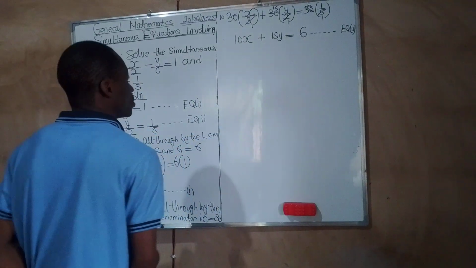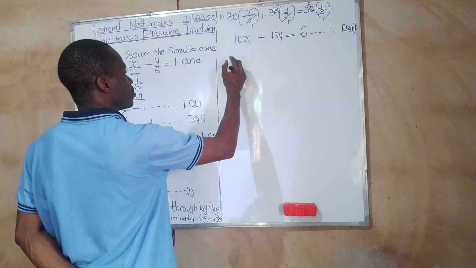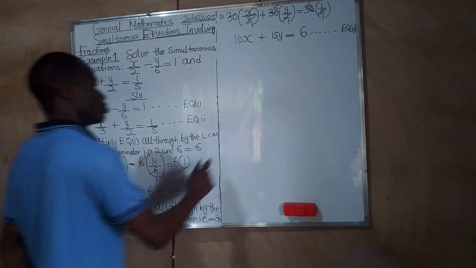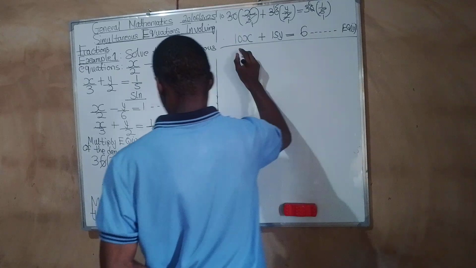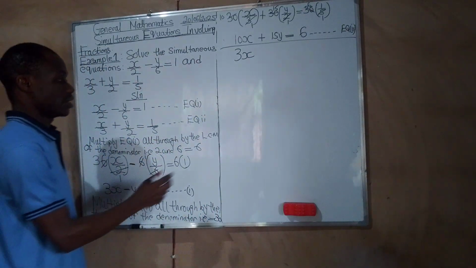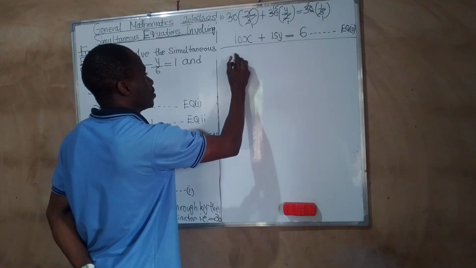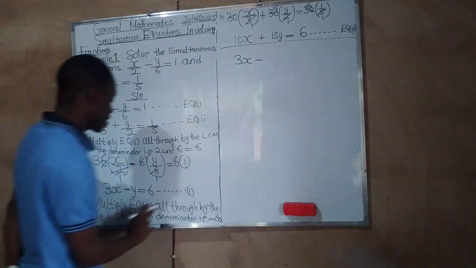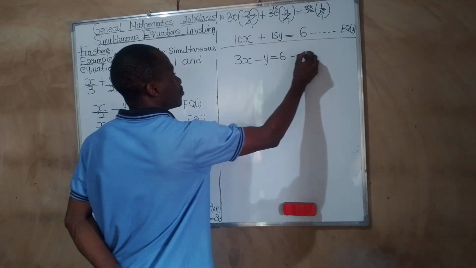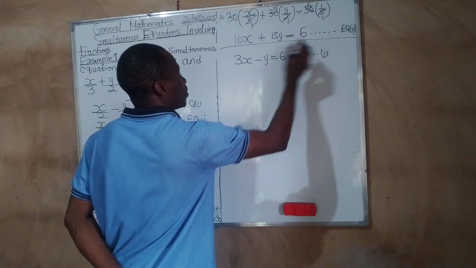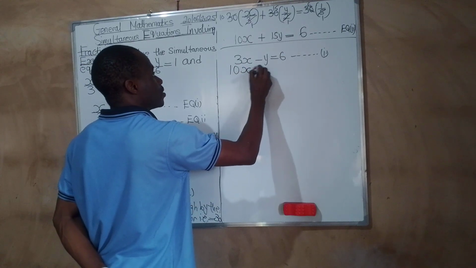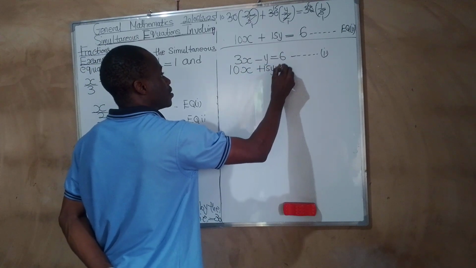So we will check and see if we use the elimination method. So bring down equation 1 and 2 together. Equation 1: 3x minus y is equal to 6, and 10x plus 15y is 6.